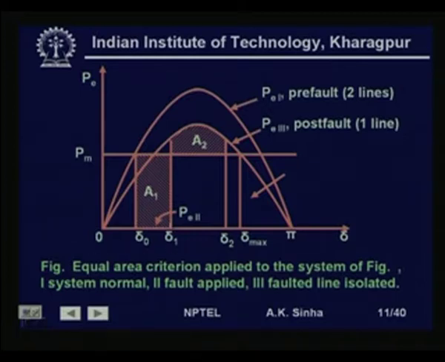So, if we keep on increasing it slowly, we will come to a point where the accelerating area A 1 is just equal to the maximum available decelerating area under that condition, and that point or that angle we call as the critical clearing angle.